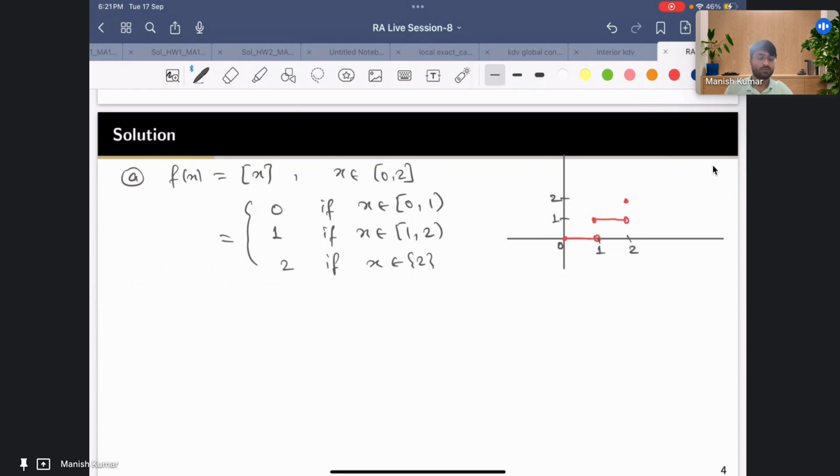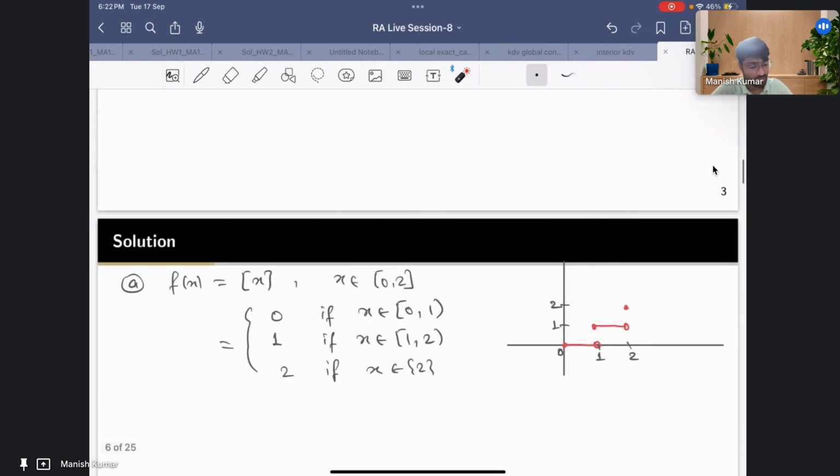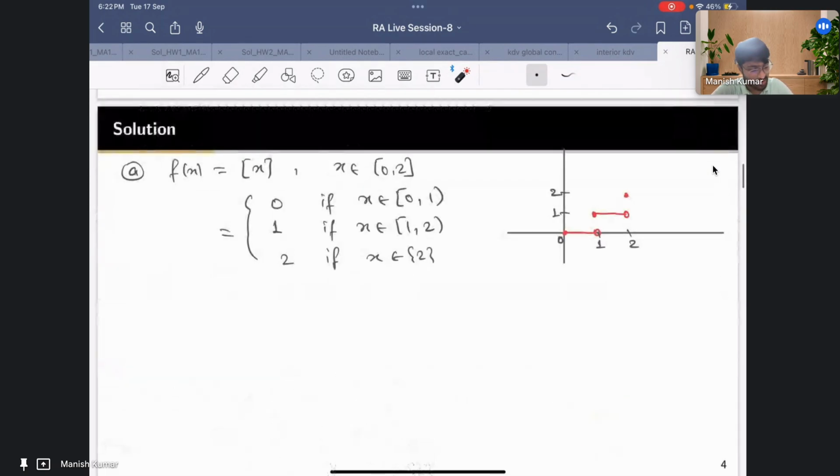So this is the graph of the function. You can clearly see that if you look at the limit, the limit clearly does not exist here. So the first condition itself is not true here.